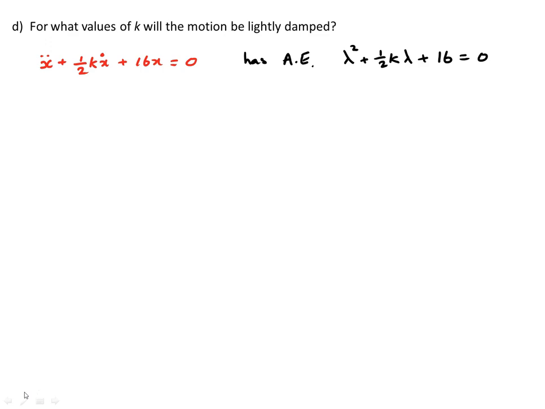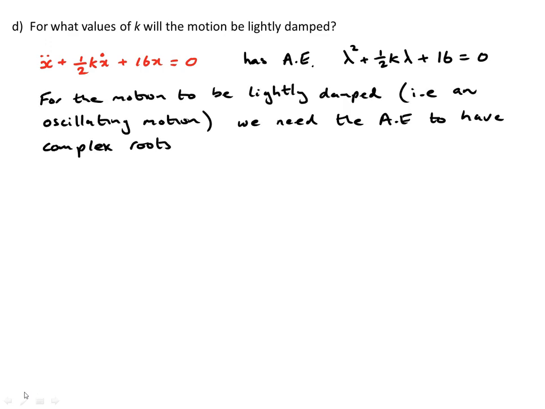And we will obtain light damping if the solution still has an oscillating element to it. And if we have the oscillating element to it, the auxiliary equation must have complex roots.